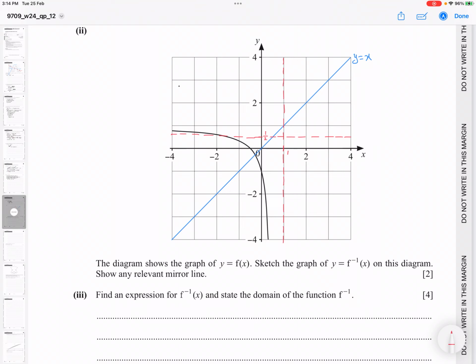Now this should be below your horizontal asymptote 1 by 2, and it should be near to 1 here. This is your f inverse of x, the red one. You can write somewhere f inverse of x. The black is f of x.